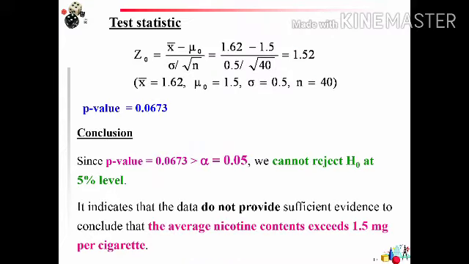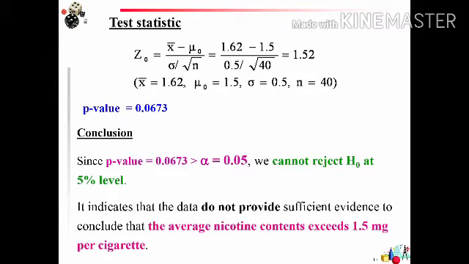The test statistic Z naught equals x bar minus mu naught divided by sigma by root n. Substitute the values in this equation and we get Z naught equal to 1.52. So here the p-value we get is 0.073. So what is the conclusion? Here you can see the p-value is 0.0673, which is greater than the alpha value, that is 0.05.